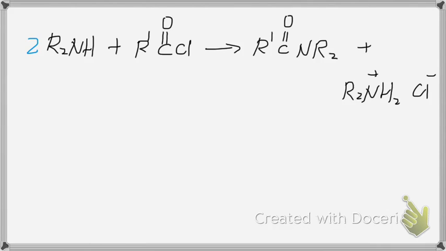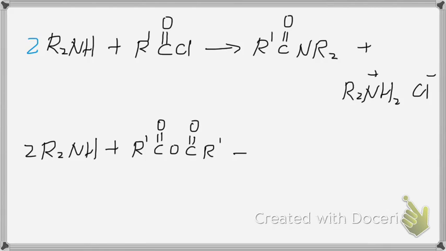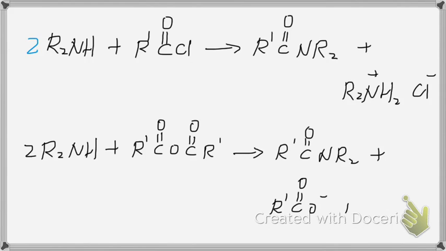That's why we need the two equivalents of the amine. Similarly, if we use acid anhydride to prepare amide, the byproduct will be a carboxylic acid, which can react with amine. So it's going to form a salt, an ammonium carboxylate salt. And the acid-base reaction after the amide is formed will drive the reaction forward.